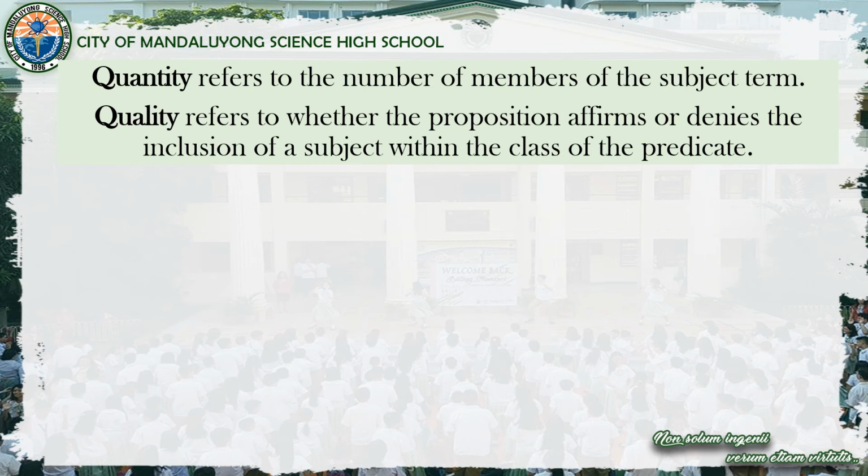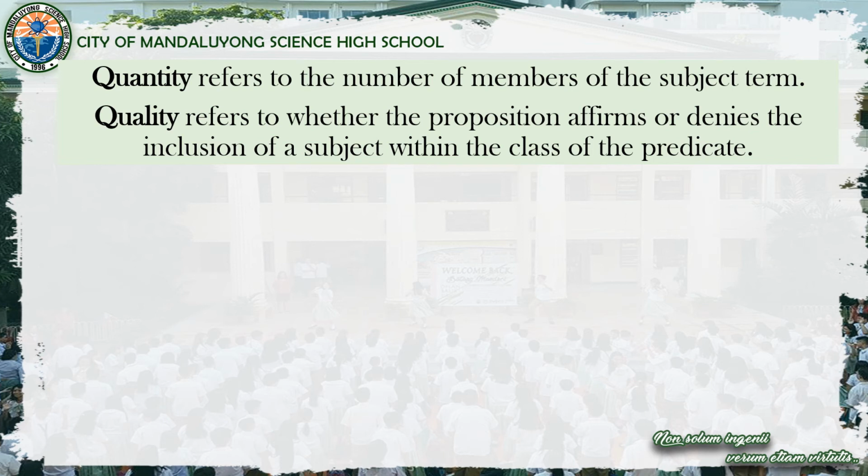That is, it refers to all the members of a certain class, whether universal, or only to particular members of the class. Thus, both A and E of the standard form of categorical propositions are universal, while both I and O are particular.